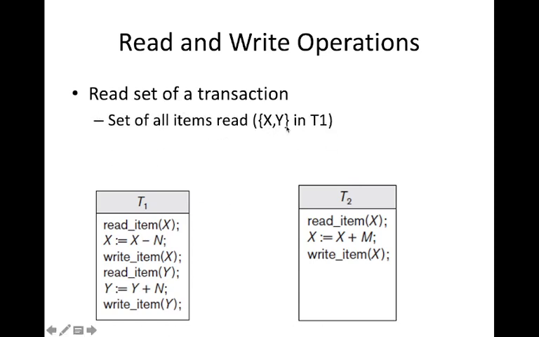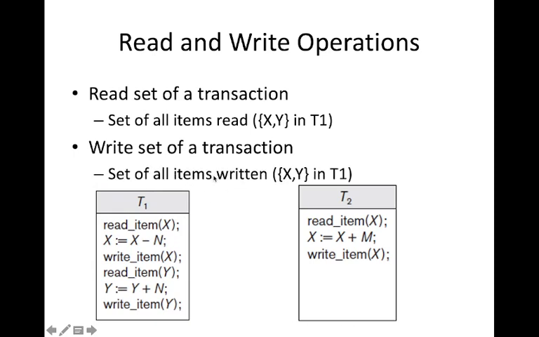So it is X and Y in T1, since we are reading X and also Y. The write set of a transaction means the set of all items written. In T1, X and Y are written. In T2, we are writing only X, so the write set of T2 is X alone, and the read set of T2 is X alone.